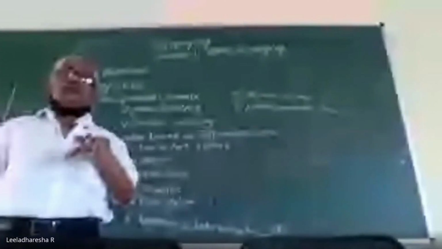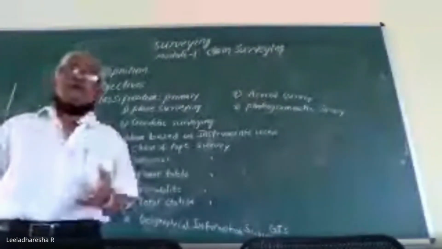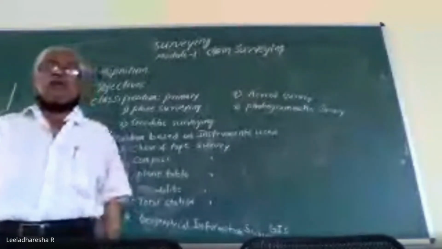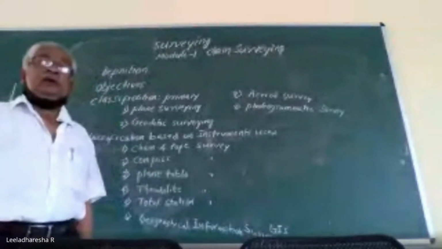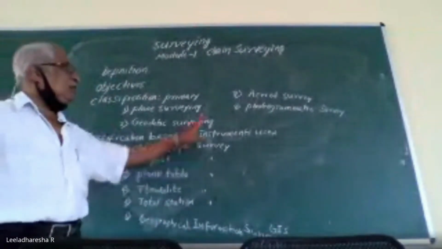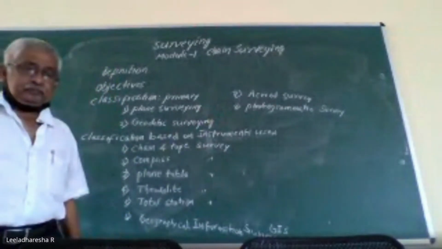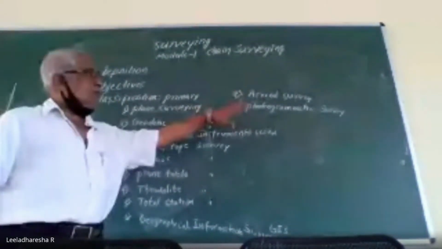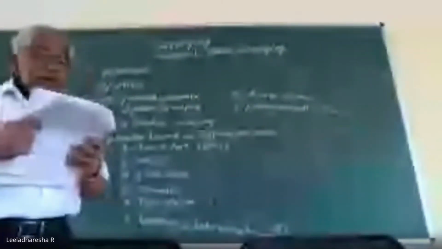Photogrammetric survey means you need not use an aeroplane for taking the photo. You can take photos of various ground features and determine horizontal and vertical distances or the direction of any particular line. Such type of survey we call photographic survey. Aerial survey and photographic survey are almost the same.